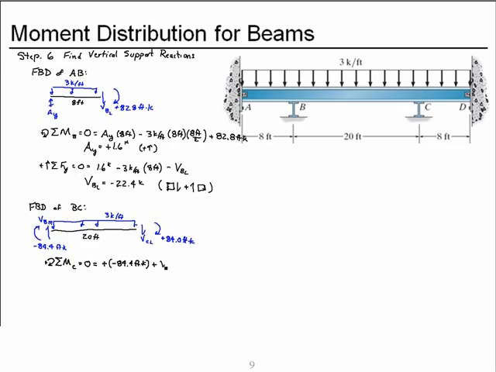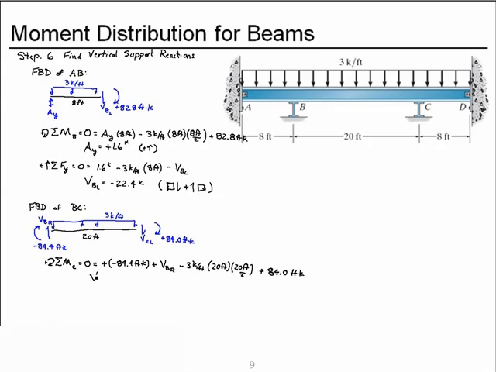I get a positive contribution from the unknown shear just to the right of point B, a negative contribution from the distributed load, which acts over 20 feet to give me the resultant, and that resultant acts at 20 feet over 2 from point C. And then we have the moment at the right end, 84.0 foot-kips.